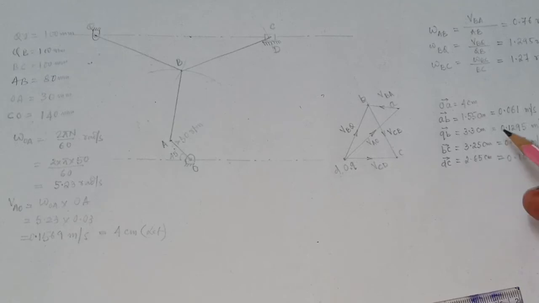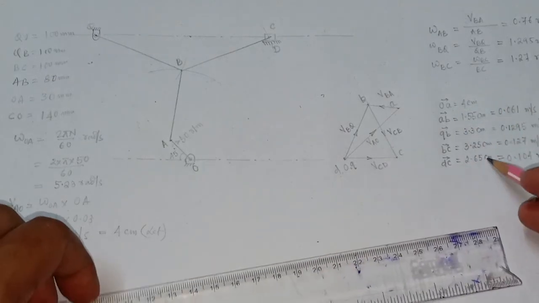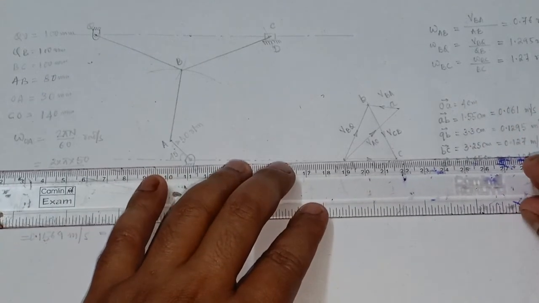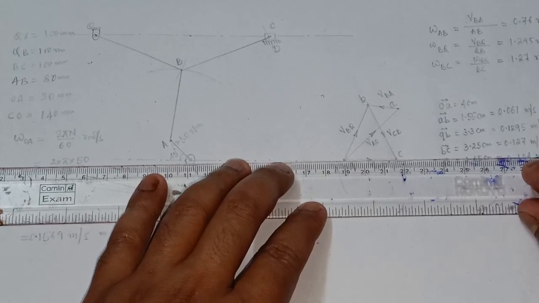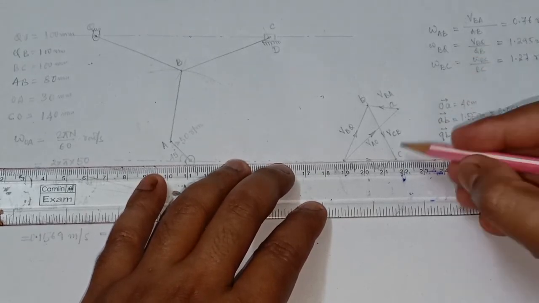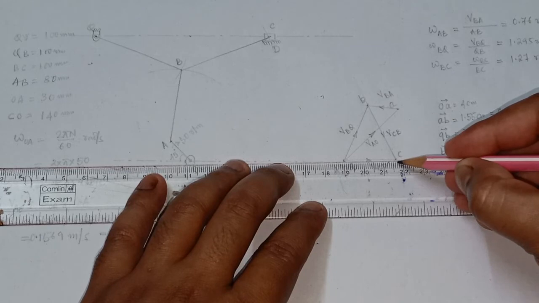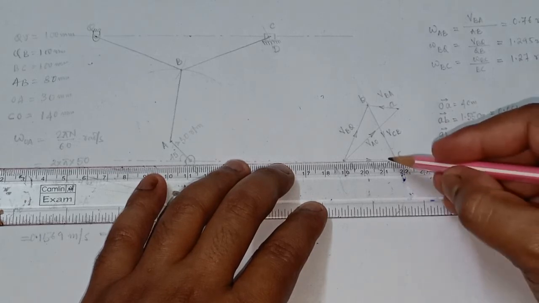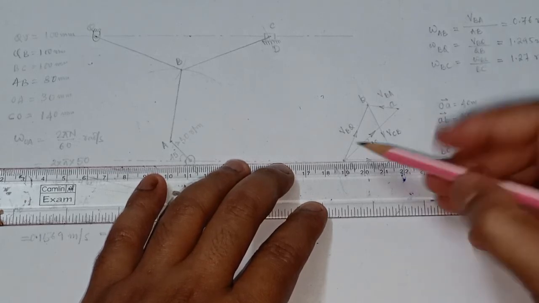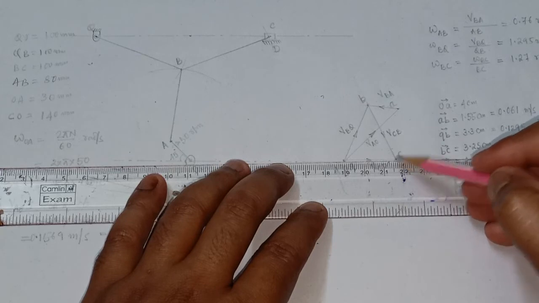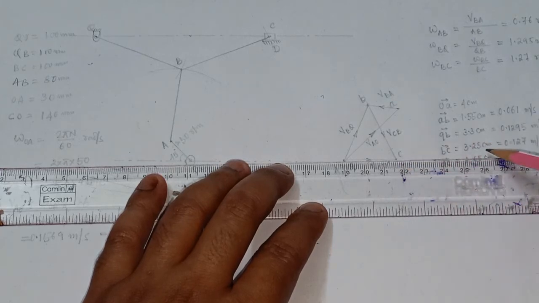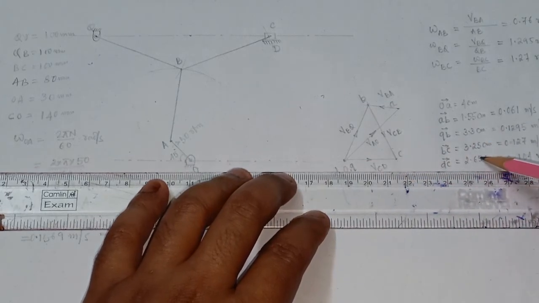This measurement comes between 2.6 and 2.7. If we put the value over here, it is very much nearer to 2.7. So I have taken 2.65, it might be 2.66, 2.67, 2.68.